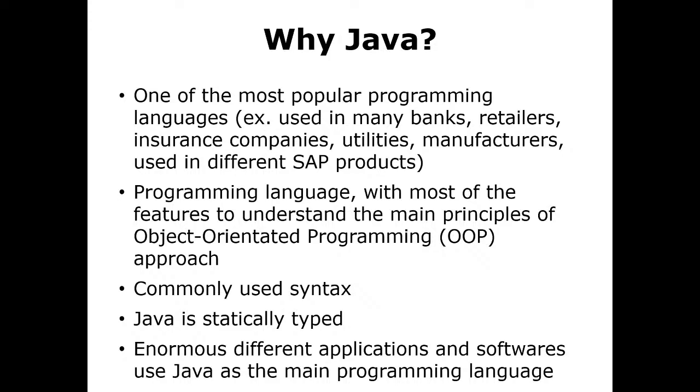Java has all the main principles, all the main features of object-oriented programming. So in my opinion, and it is said not only by me but by many people, Java is the general language for object-oriented programming.